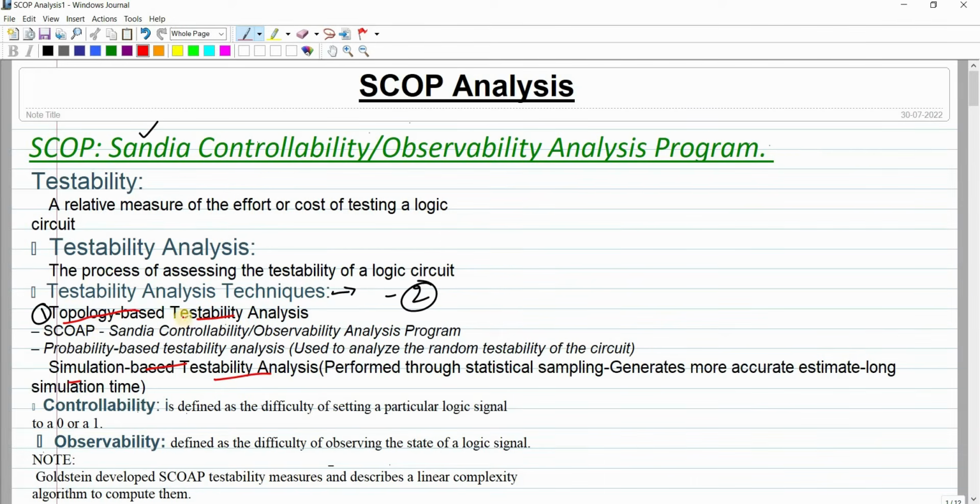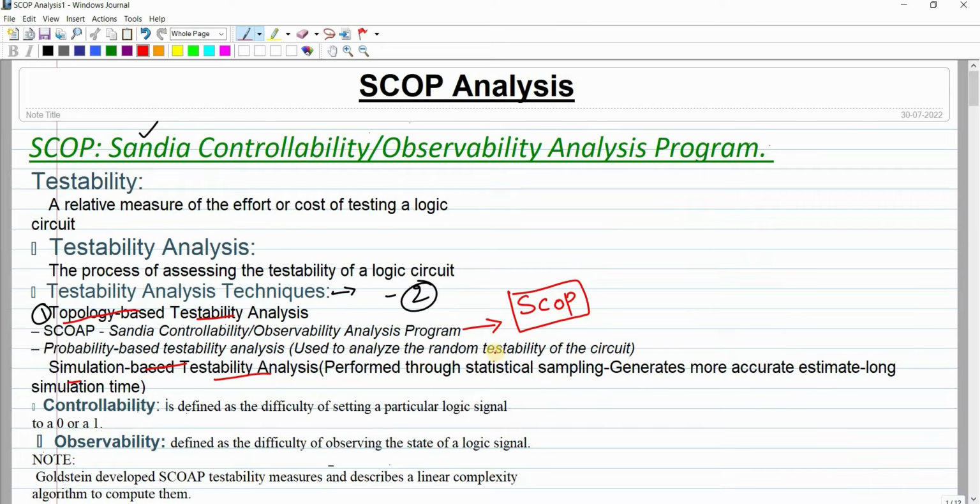The topology based technique is further divided into SCOAP analysis and probability based testability analysis. In this particular video I am going to concentrate only on the topology based technique, that is SCOAP analysis.